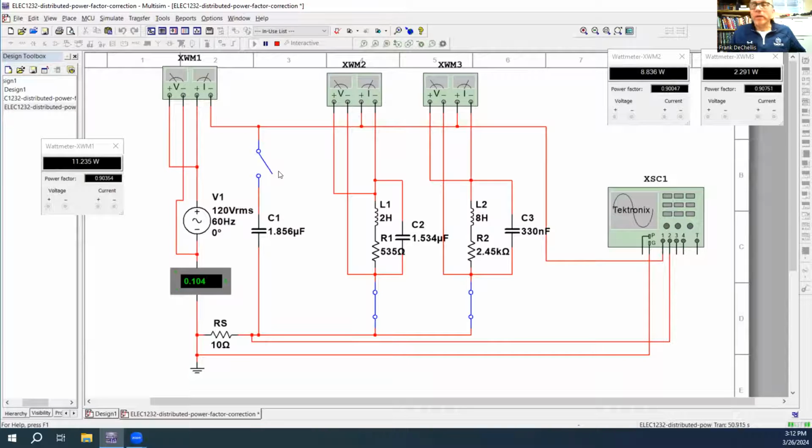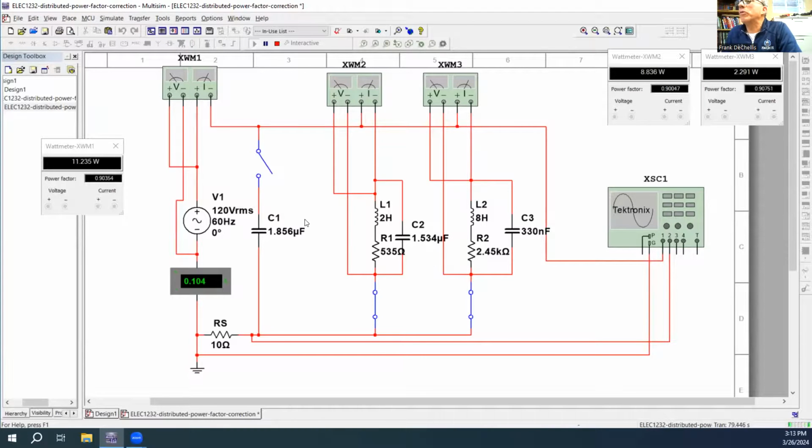And the other thing you'll notice is that these two capacitors right now, when both loads are engaged, are effectively in parallel, okay? They have a direct connection here, and they have a direct connection there. And we know that if we add parallel capacitors, we just add the capacitance, and that's what happens here. If you added these two together, you would get 1.864 microfarads.